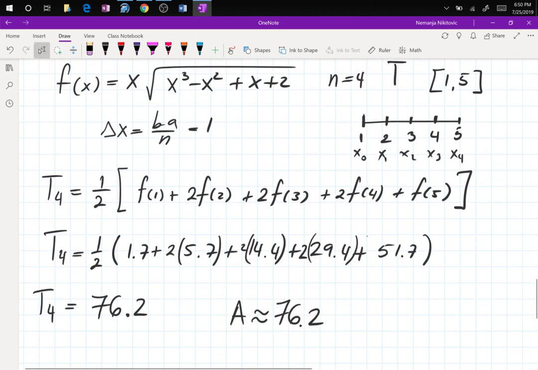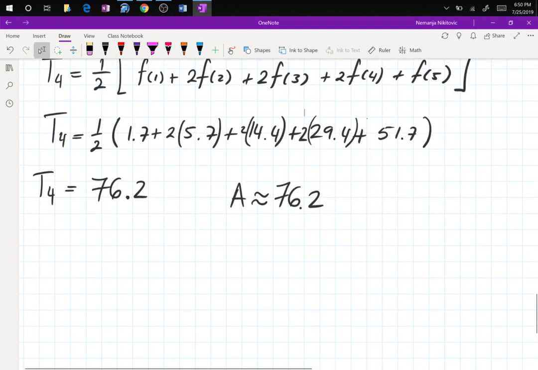Now, if you think this is annoying to memorize, 1, 2, 2, 2, 2, 1, let's see what Simpson's rule has to say about approximation.